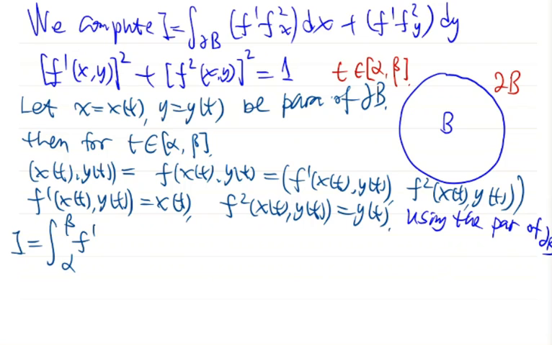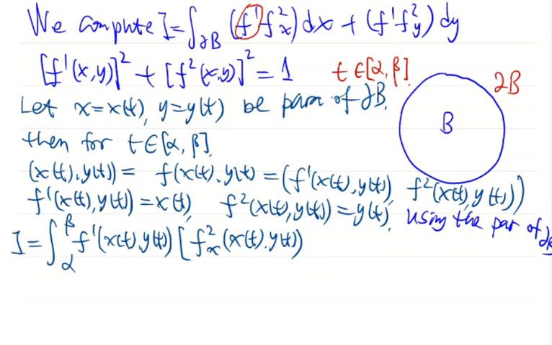So the f1 here should be replaced by f1(x(t), y(t)), and the f2 with respect to x, that is f2x, also substituting x(t), y(t). Then dx is x prime dt. We take dt at the final step.